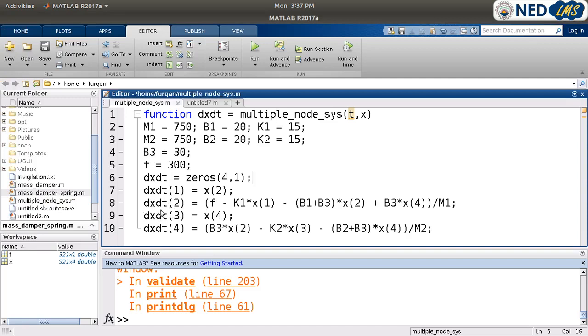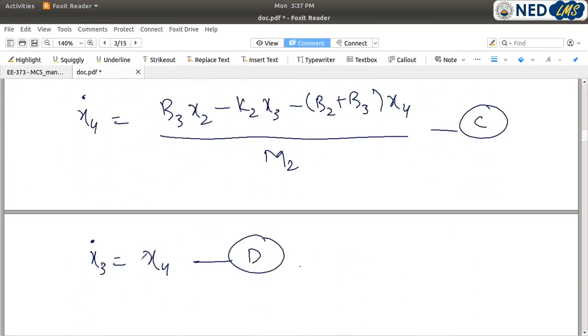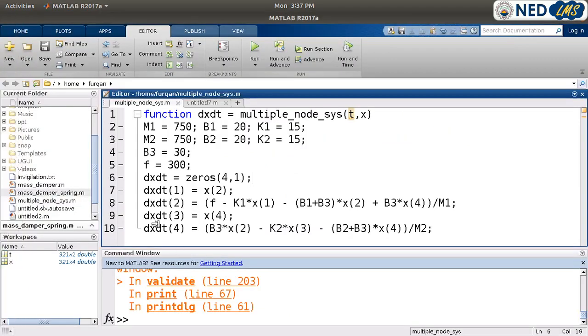So dx2 over dt is equal to F minus k1 into x1 minus (b1 plus b3) into x2 plus b3 into x4, whole divided by m1. The third state equation is here, which is dx3 by dt. So dx3 by dt is equal to x4.